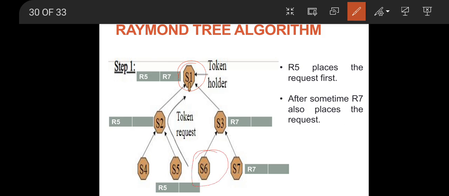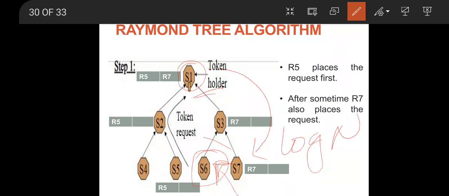This is the maximum case wherein the requesting site is at the last level. The token will be at the root level, and if the requesting site is at the last level, then the message will have to be communicated log n times.